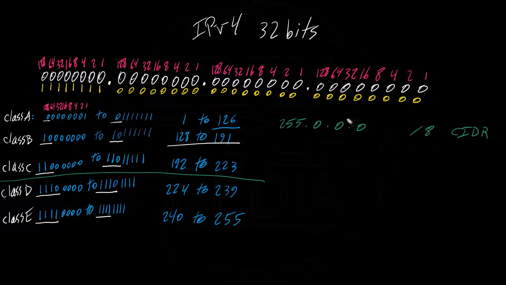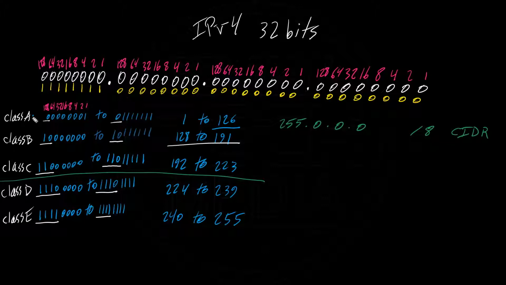And the last octet is also the same, 0. So for class A, the default subnet mask is 255.0.0.0, and the CIDR notation we can write is /8. This /8 is basically telling us the first 8 bits are turned on. They are network bits, and the rest are turned off. So this is the default subnet mask for class A.